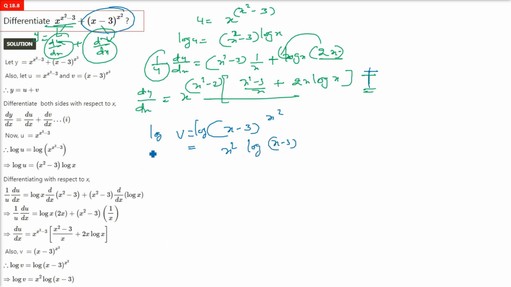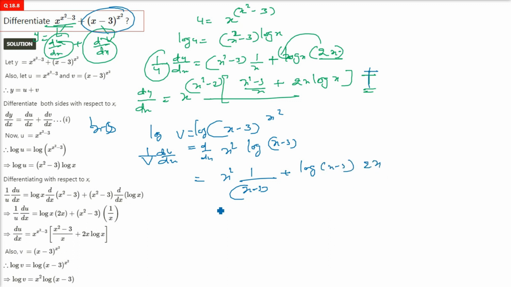Here we will have 1 by v dv by dx, and d by dx of the right hand term. x square outside, log of x minus 3 will be 1 by x minus 3, and the differentiation of x minus 3 is going to be 1 because minus 3 will be 0. So it will be 1 only. I'm not writing it. Now log x minus 3, differentiation of x square is 2x. So you have x square divided by x minus 3.